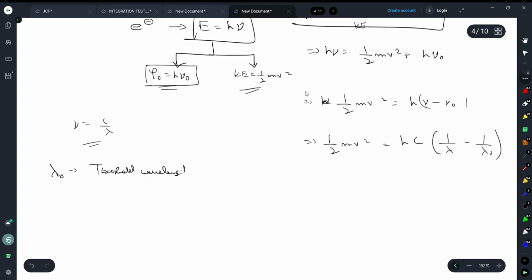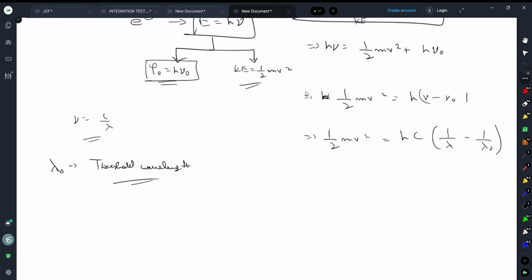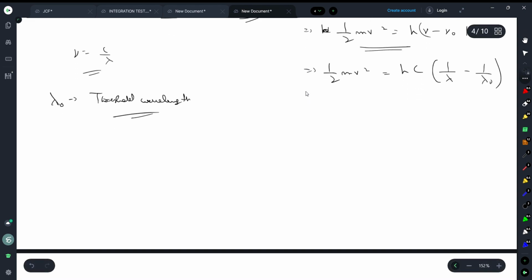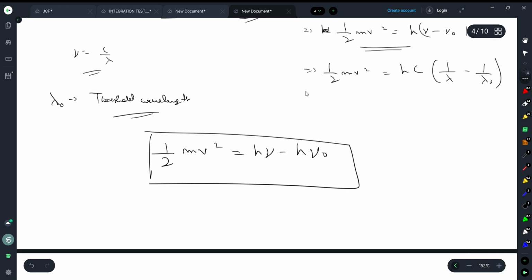The maximum wavelength of the light source required for the electron to be ejected out from its metal surface. Clear? Now see, this photoelectric equation, half m v square is equal to h nu minus h nu naught, is for any arbitrary light source.